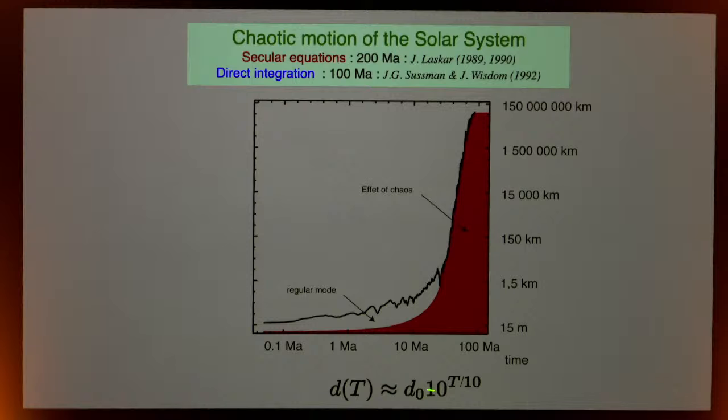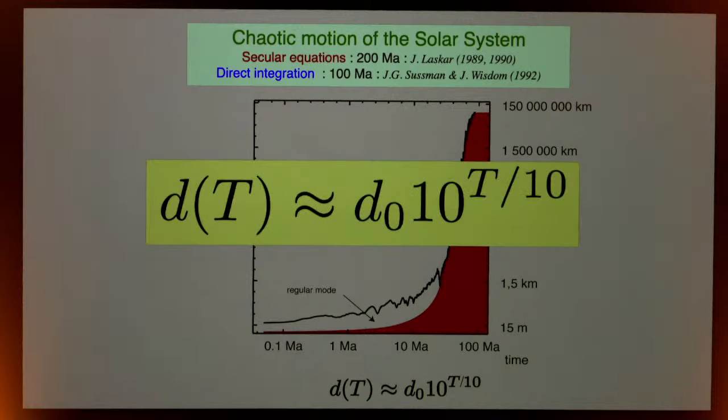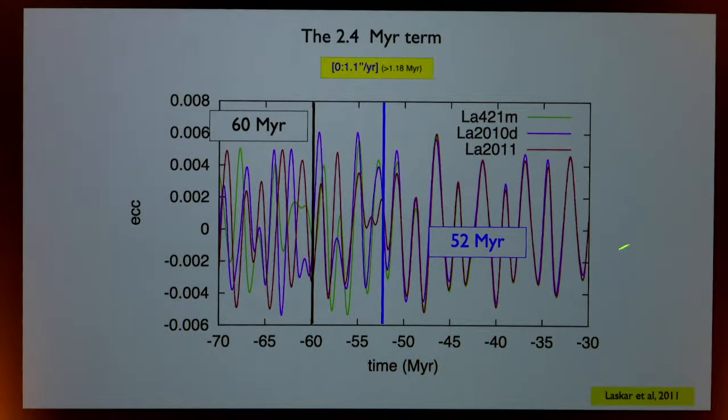And they are chaotic with an exponential divergence that tells you that basically you lose 1 digit every 10 million years. And the big implication, also due to the perturbation of the major asteroids, is that you will never be able to get an orbital solution beyond 60 million years, starting from the present initial condition.